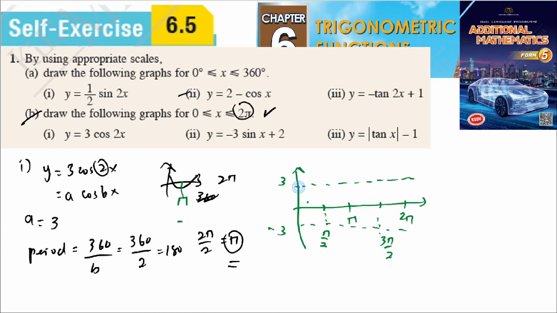So something like this. At pi, you are getting the same shape, and here also at the same pi, you are getting the same shape. So this one is 2 pi, and this one is supposed to be the same height, 3 and negative 3. So this one is y is equal to 3 cos 2x.